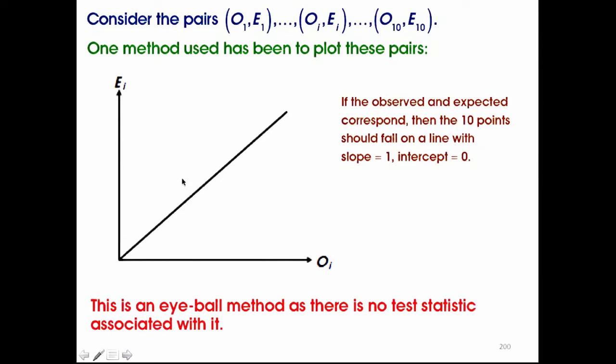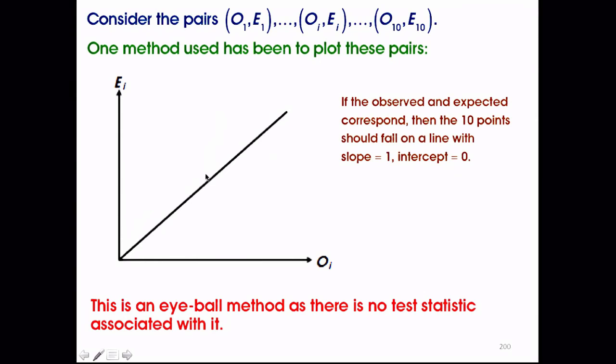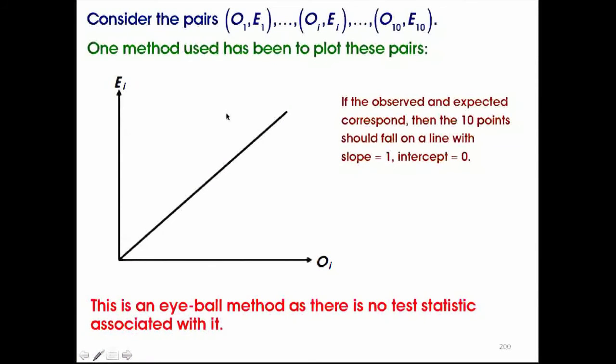And similarly, if you saw a drifting of points up here, then you would say that the model was overestimating the probabilities, because the probabilities being produced result in expected numbers that are greater than the observed numbers.